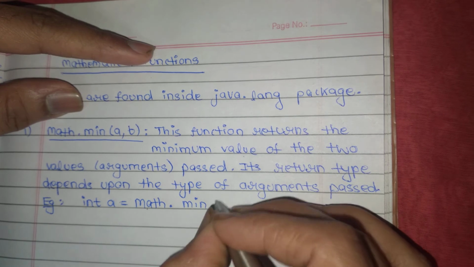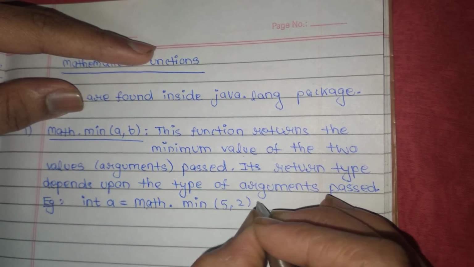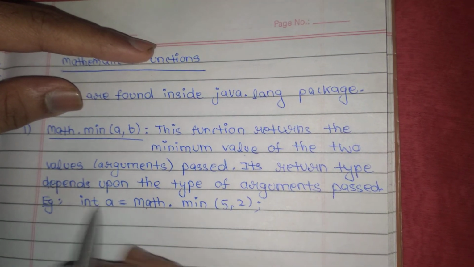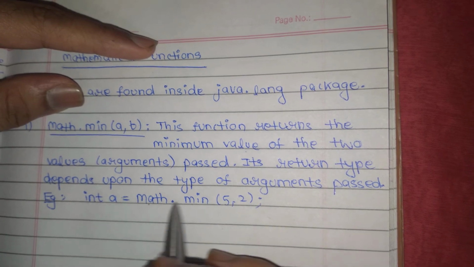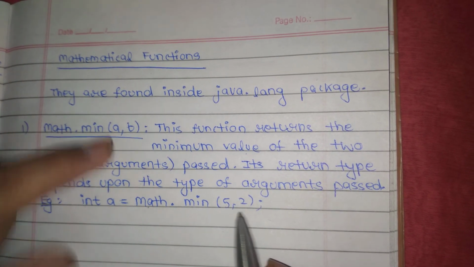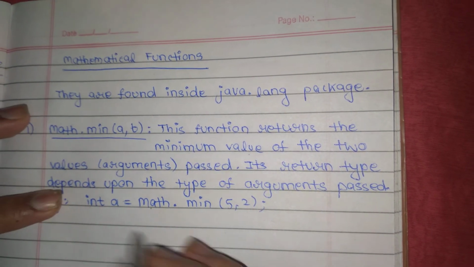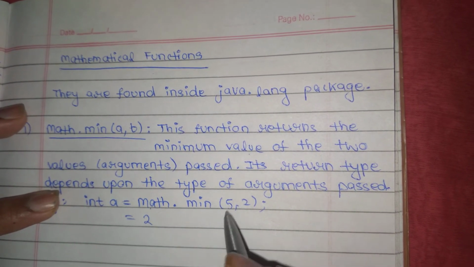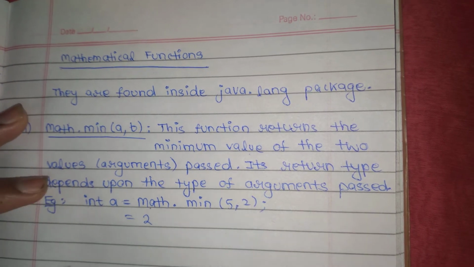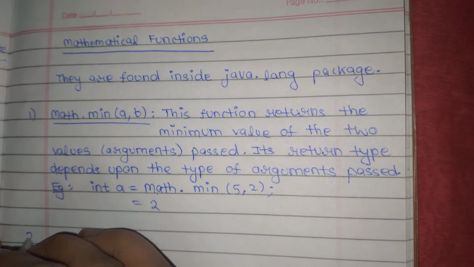Math.min(5, 2); so when I give this example, then the value 5 goes to a and the value 2 goes to b, and after manipulating the data it will give the answer as 2 because the minimum of 5 and 2 is 2.